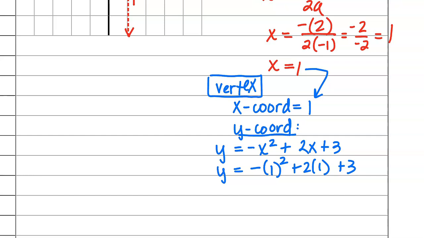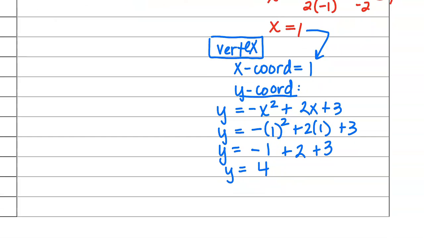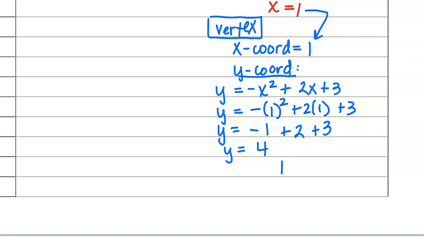A lot of people try and square the negative, but the negative is actually not squared. You have to do the square first, then apply the negative. So this is negative 1 plus 2 plus 3. Negative 1 plus 2 is 1, plus 3 is 4. So my coordinate is going to be 1, 4, right? The 4 coming from here, and the 1 coming from way up here.